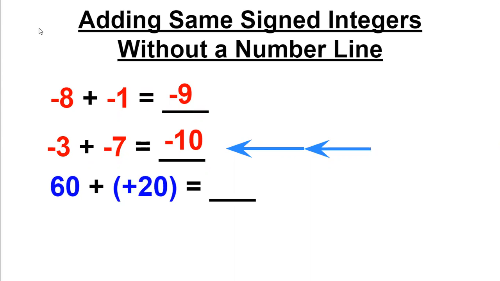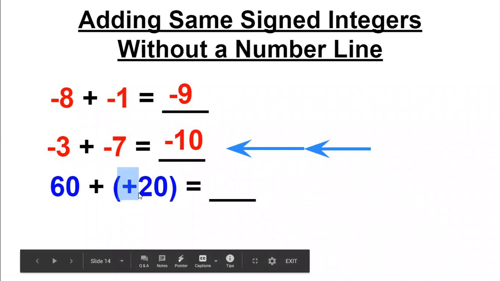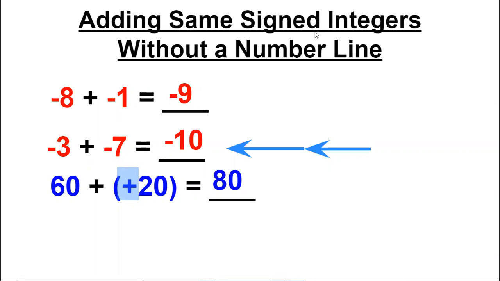Okay, try another one. Getting a little harder now. 60 plus positive 20. And by the way, this positive sign is optional. If you don't see the positive sign, it still means positive 20. Just putting it in there for us. So 60 plus 20 is 80. Okay.